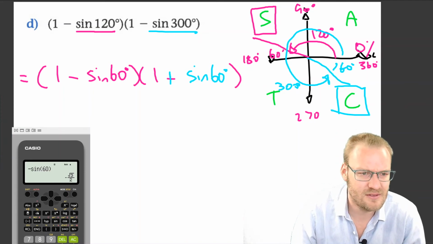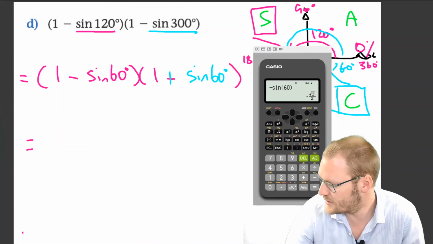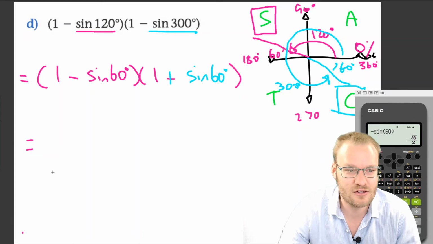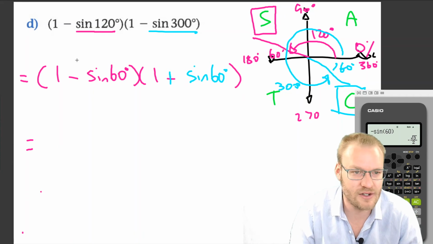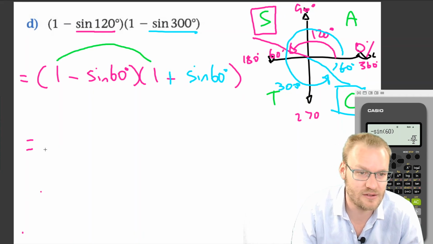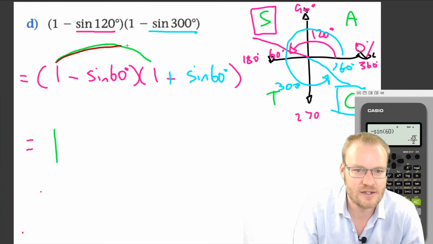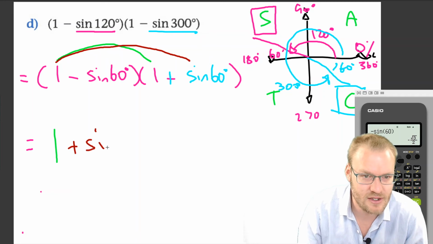Okay, we know how to multiply brackets out, and our calculator can live back here behind me. We just multiply everything in the first bracket by everything in the second. So 1 times 1 gives you 1. Let's keep going. 1 times plus sine 60 is plus sine 60.